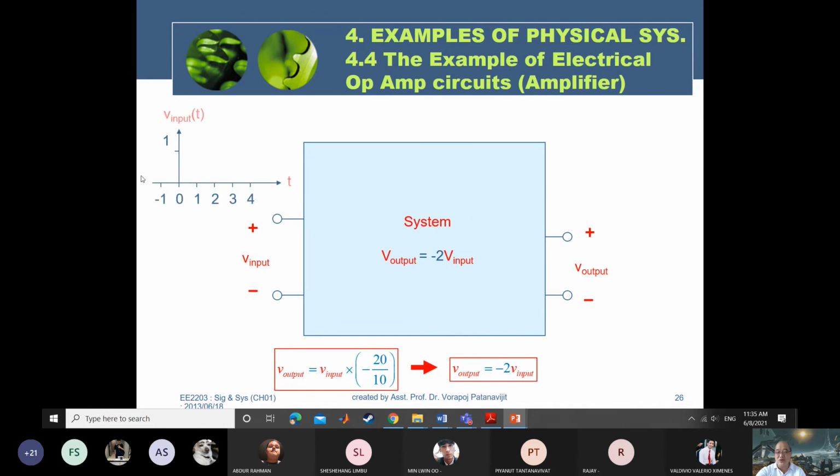Therefore, if V input equals 0, the output equals 0. If V input equals 1, substituting here, the output equals minus 2 multiplied by 1, which gives minus 2. And the last one, if the input equals 0, the output equals 0.